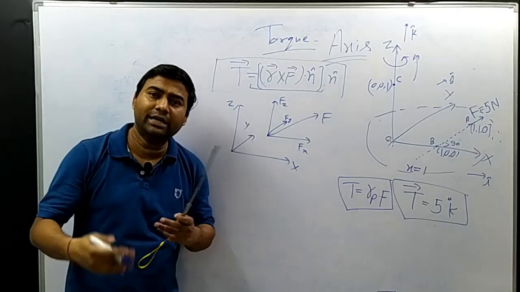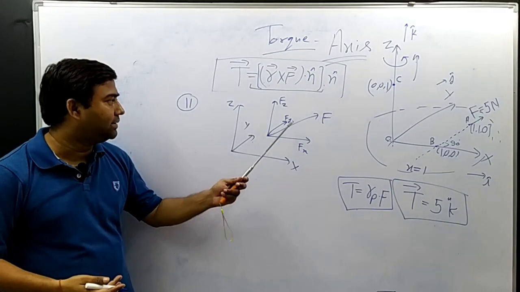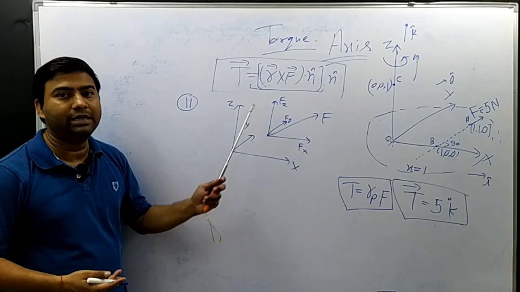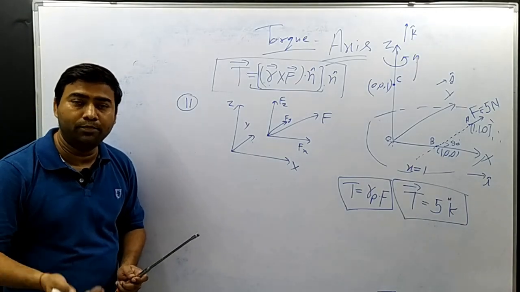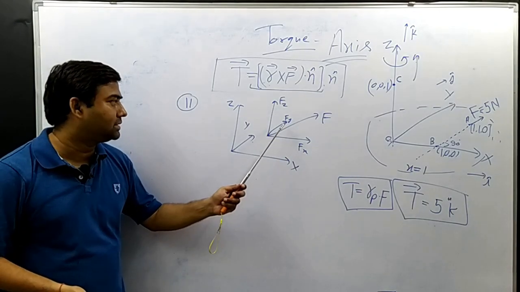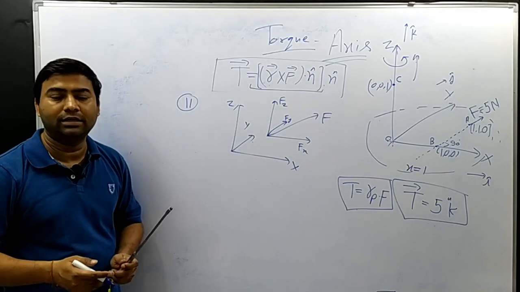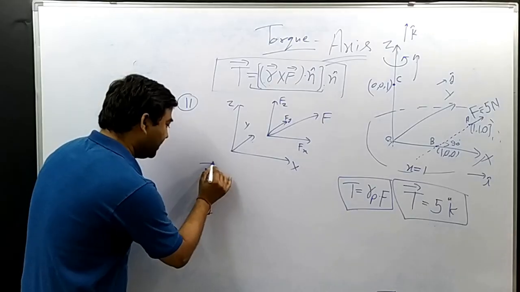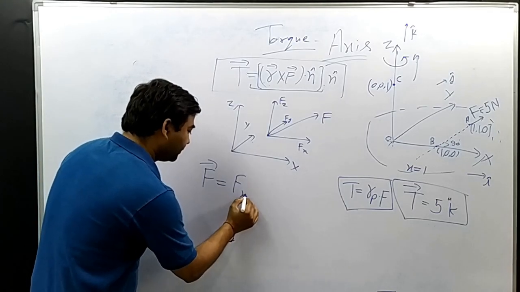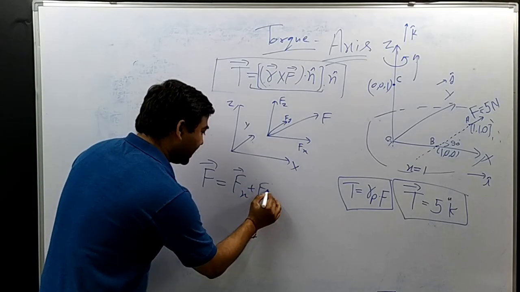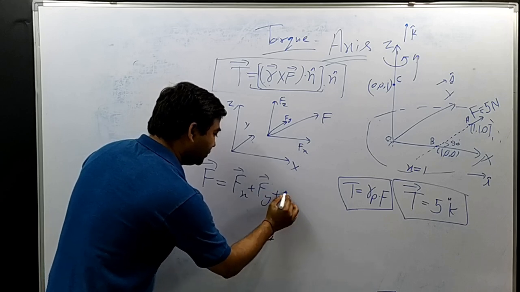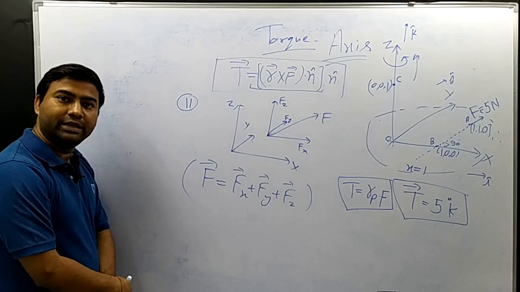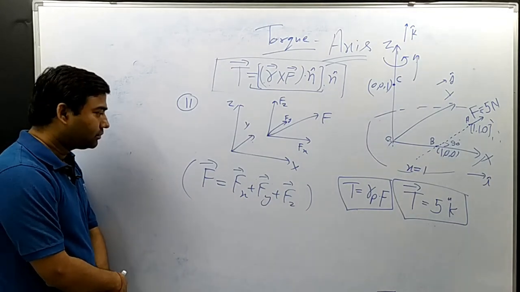Every force in a three-dimensional coordinate system can be divided into three perpendicular directions: Fx along the x-axis, Fy along the y-axis, and Fz along the z-axis. So you can write F is equal to the x component plus the y component plus the z component.